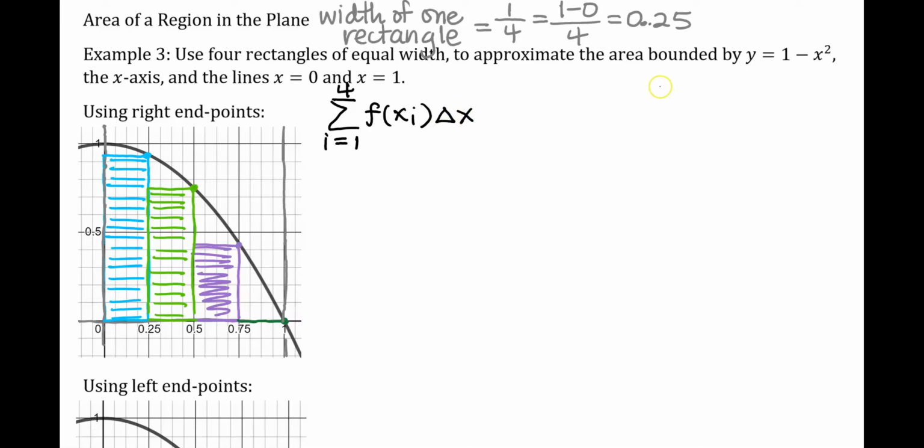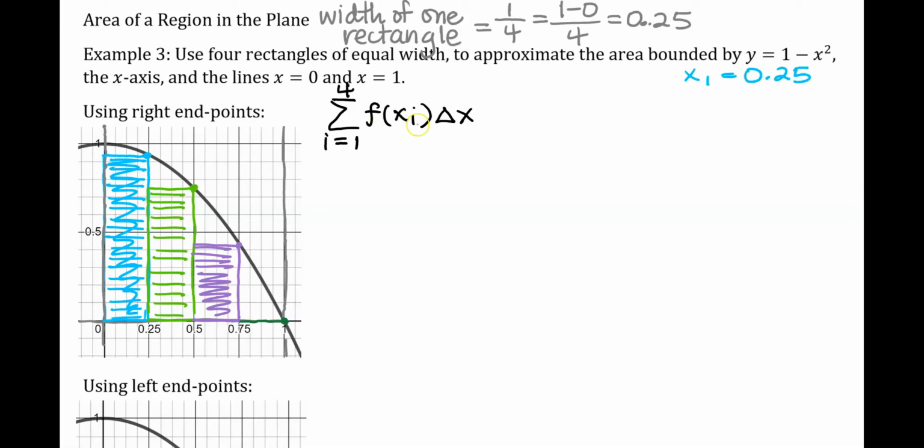So the f of x sub i, let's talk about what the x sub i's are. The x sub 1 is the first right endpoint of our first rectangle. When we look at that first rectangle, the light blue one, the height of this first rectangle is the function value at 0.25.